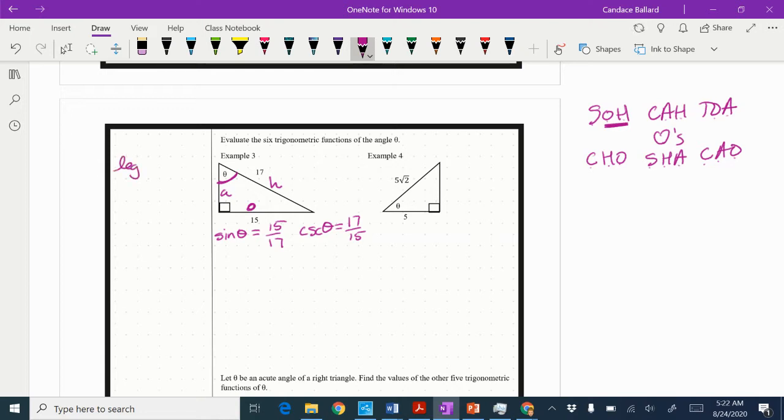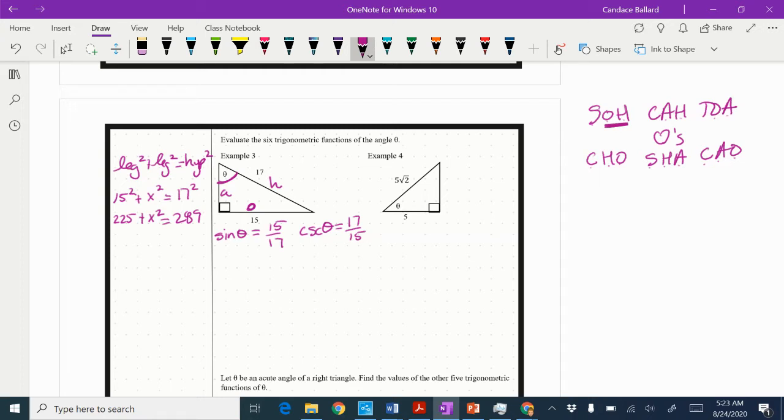And remember, the Pythagorean theorem is leg squared plus leg squared equals hypotenuse squared. So my leg is 15. I don't know this, so I'm just going to call it x for now. And my hypotenuse is 17. So 15 squared is 225. 17 squared is 289.